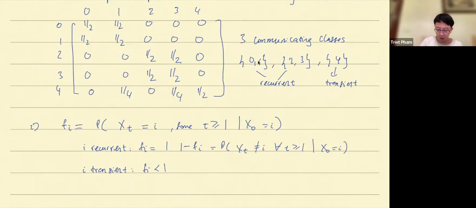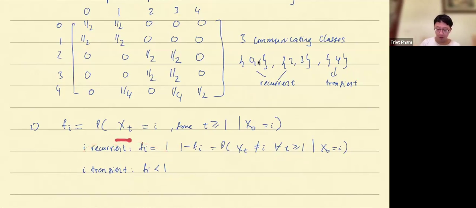Well, we kind of exchange the words state and class here, because we'll say very soon that recurrence and transience are actually class properties rather than state properties. But so far, these are definitions.